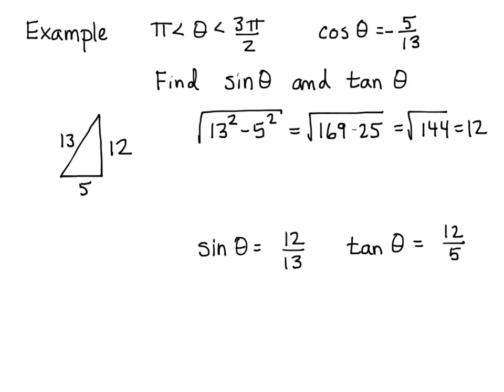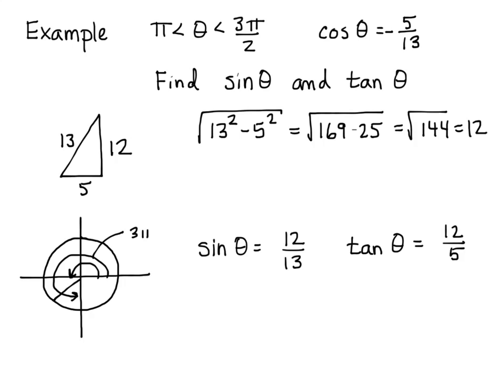And so we're going to have these ratios, but it's not going to be 12 over 13 and 12 over 5 necessarily. We're going to look at where that is in the third quadrant. You see, and so this is somewhere down here in the third quadrant. And so both x and y are negative. Your radius is always positive. And so the sine then has to be negative.